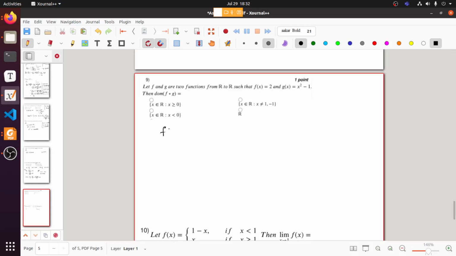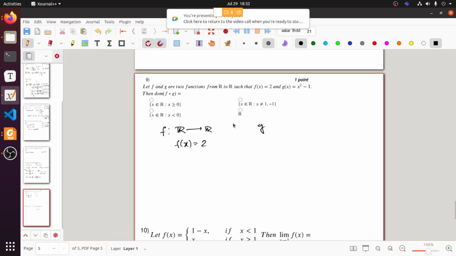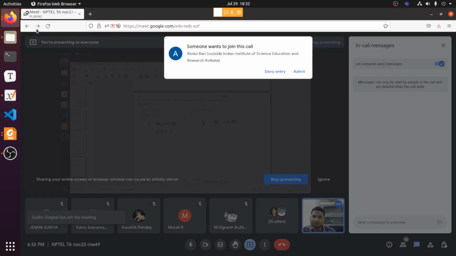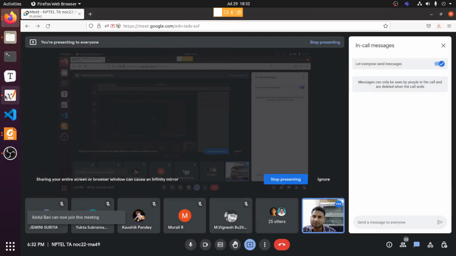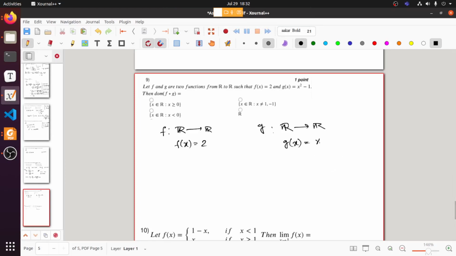Okay, so f is a function from R to R. f of x is 2, and g is also a function from R to R. And g of x is x square minus 1. So how is the composition defined? f compose g will be again a function from R to R, right?